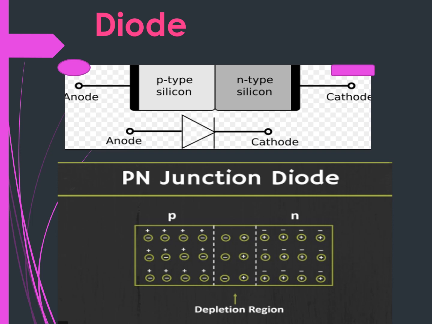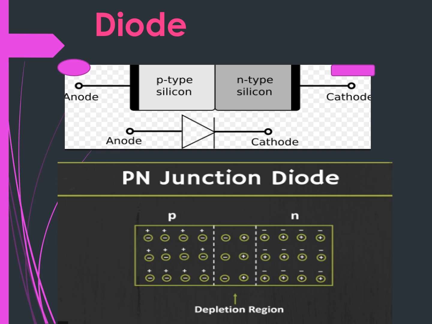The electrons move from n to p, because the majority carriers in the n type are electrons. When the holes and electrons move together, combination will happen. Due to the electron and hole combination, a thin layer will be formed across the junction.